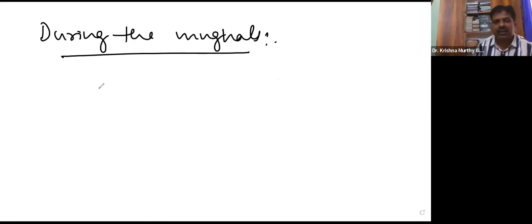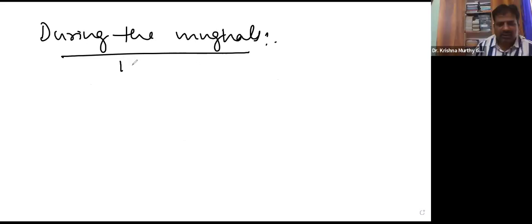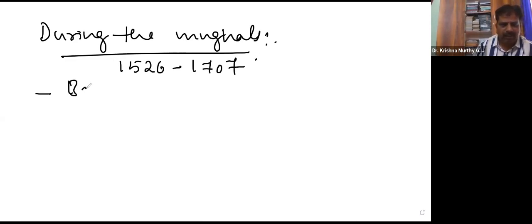Who was the founder of the Mughals? Founder, Babur, sir, Babur. Babur, fine. It was one of the prominent kingdoms of our medieval times, from 1526 up to 1707, the period of the great Mughals in India, founded by Babur.